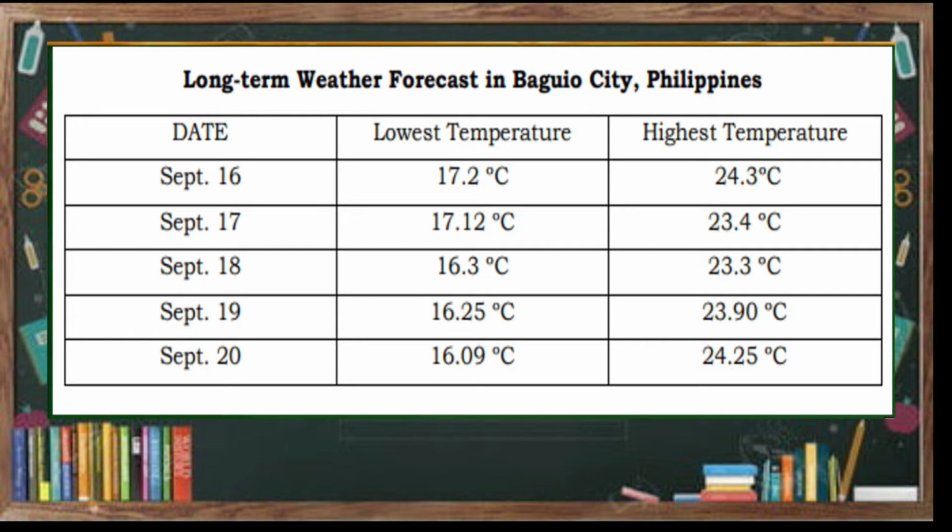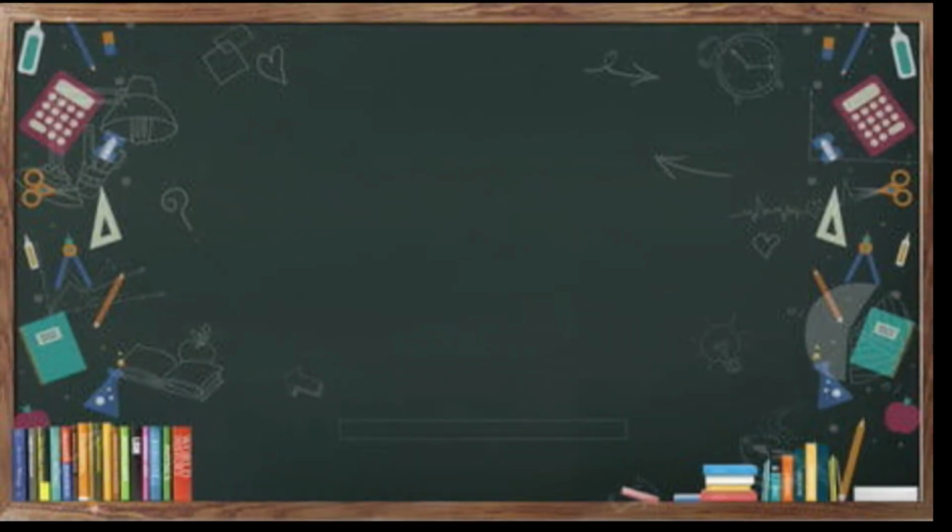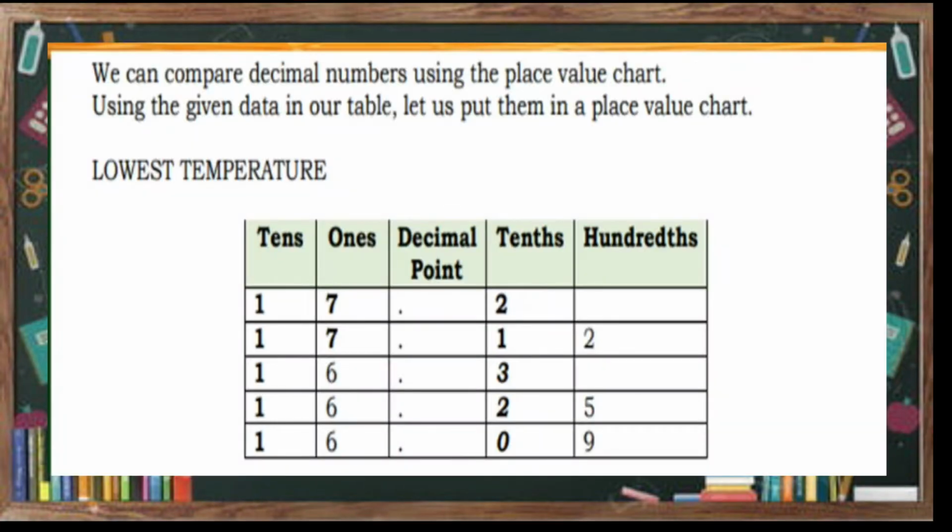We can compare decimal numbers using the place value chart. So we have the lowest temperature. Let's start comparing from left to right. From the left, we have the whole numbers, the tens and ones. In the middle, we have the decimal point. On the right, we have the tenths and hundredths.